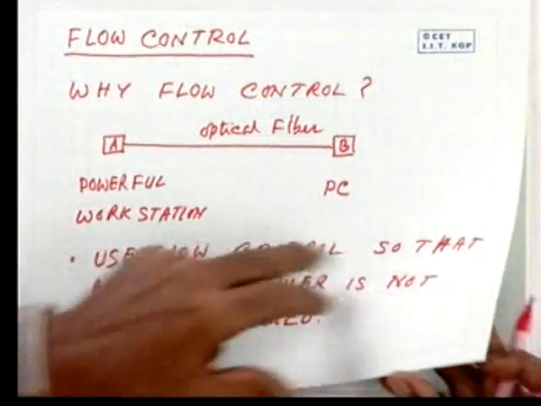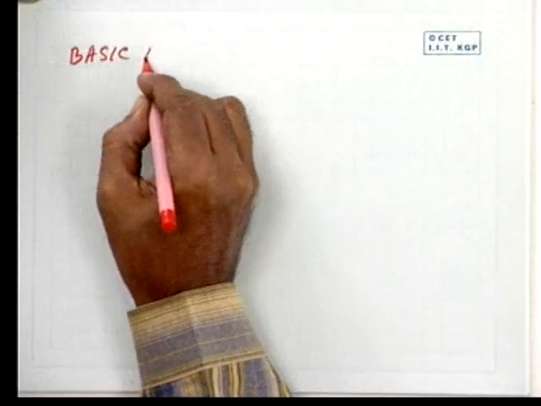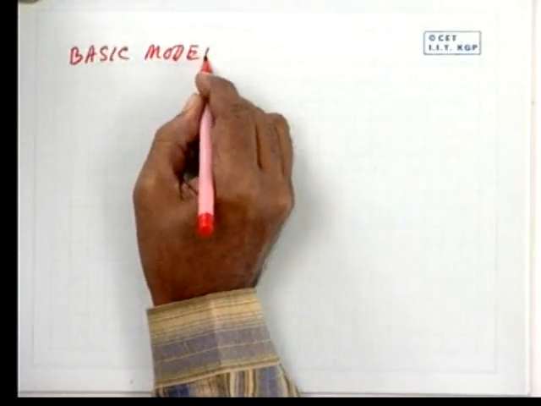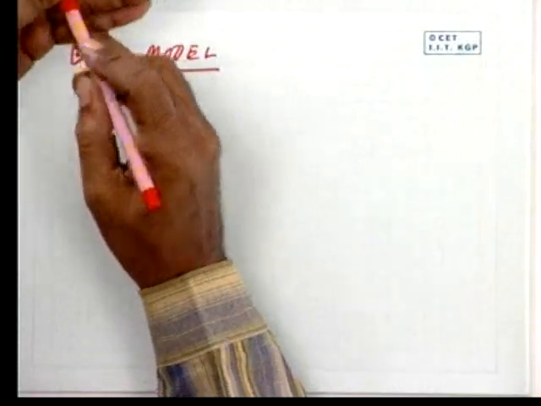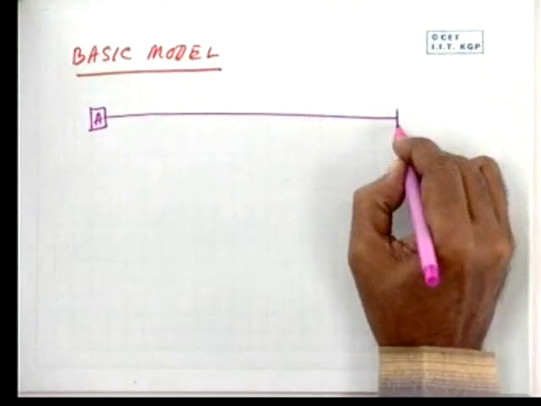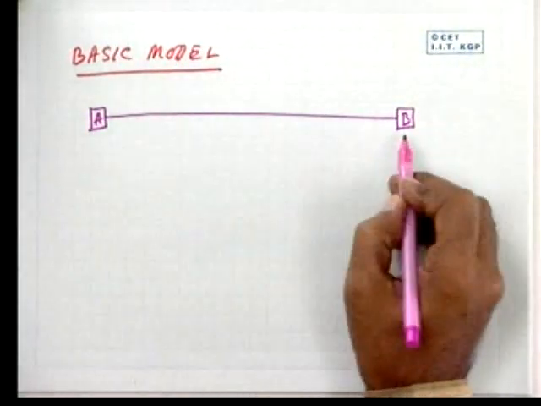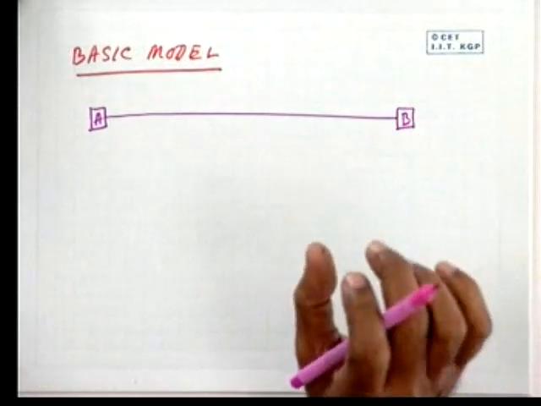Let us consider first the basic model, then we shall see how exactly it can be done. The basic model is we are considering just a pair of stations, A and B. So, flow control concerns only a pair of stations, and this particular protocol is part of the data link layer.